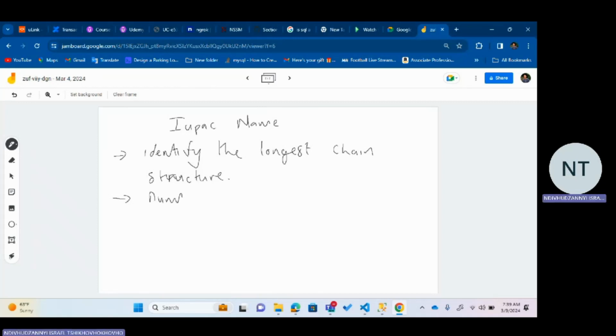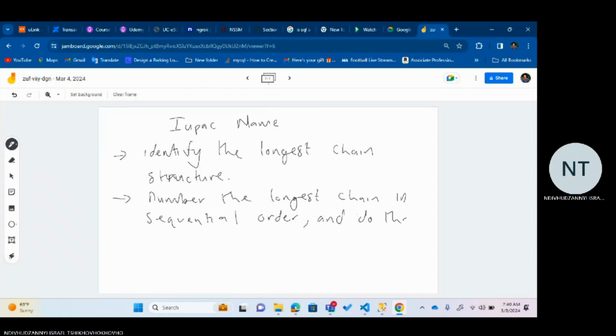Then number the longest chain in sequential order. And also do that in reverse order.